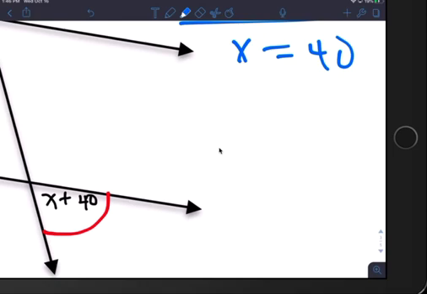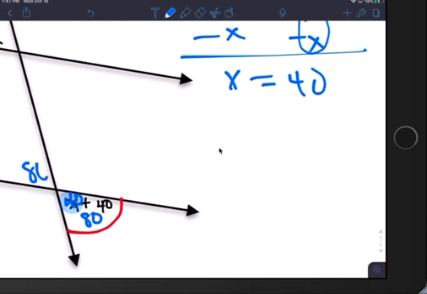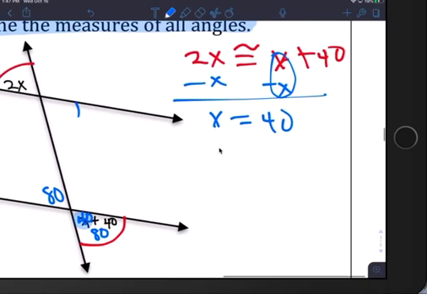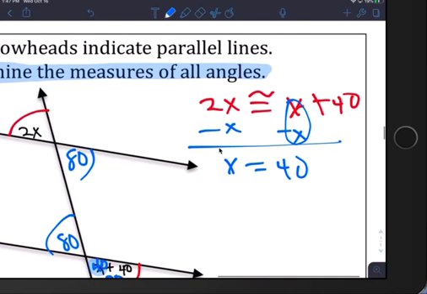So wherever x is right here, you put 40. 40 plus 40 is 80. Vertical angles are congruent, 80s here. Alternate interior are congruent, that's 80 here. Well, 2 times 40 is 80 also.